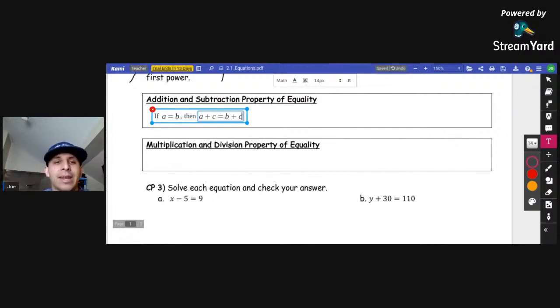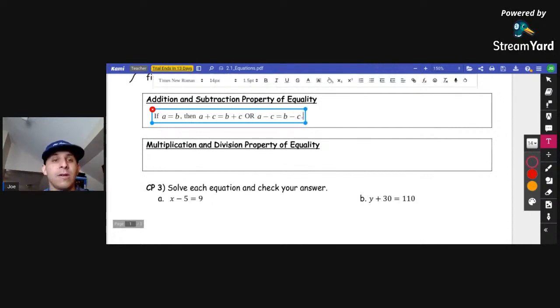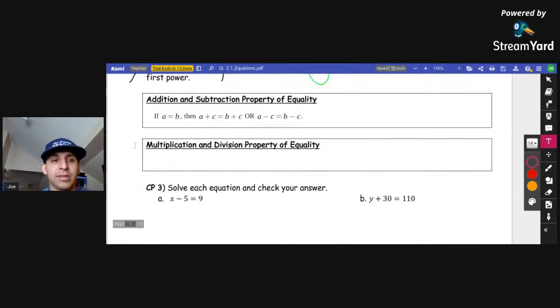So notice, I added C to both A and C to B, right? So if I added 5 pounds on the left side of my equation, I must also add those 5 pounds. That way it's still balanced, okay? Or, and if you're using your intuition here, I could also subtract. Okay.